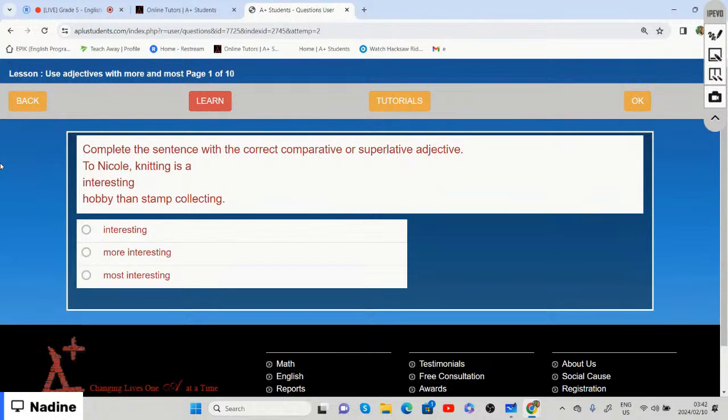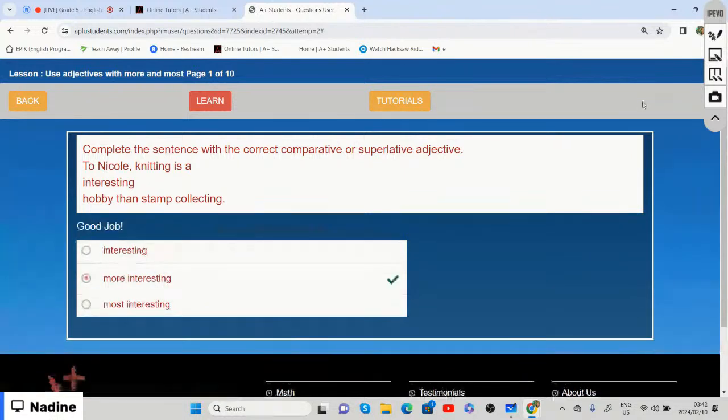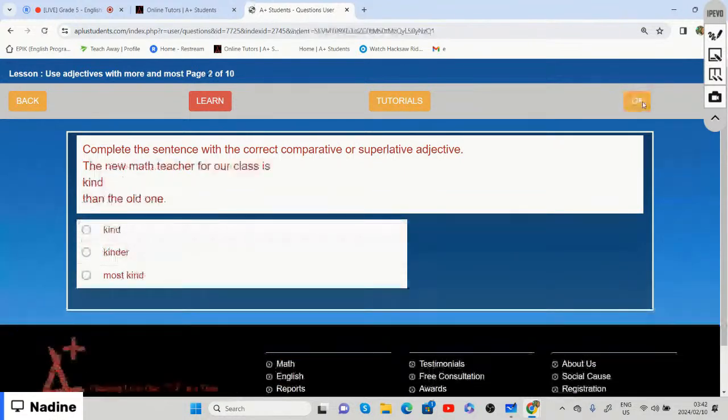All right. So to Nicole, knitting is interesting. So we can say it is more interesting because it's being compared, right, to stamp collecting. So we can say it is more interesting than stamp collecting.